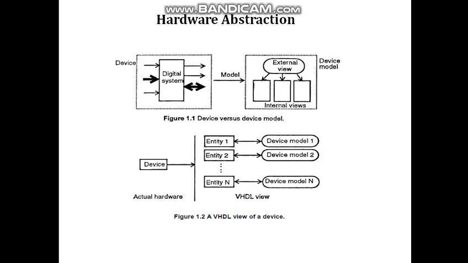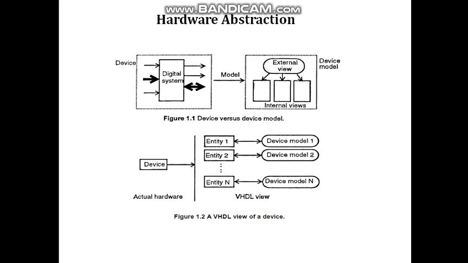Now we will go into what hardware abstraction is and what exactly it tells us. In VHDL, a model is used to describe a certain digital hardware device. This model specifies the external view of the device and one or more internal views.